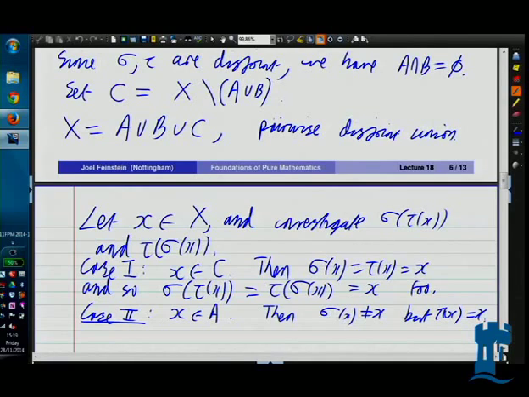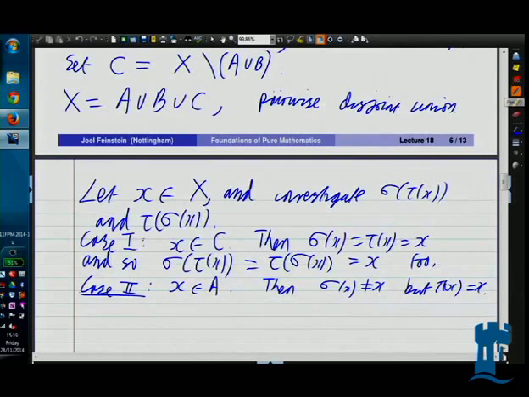But moreover, sigma of x is not moved by tau either, and that's because sigma of A equals A. We know that if something is moved by sigma, then it's moved to something else that's moved by sigma. That's the main thing we need. So sigma of x is not in B. X is in A, so sigma of x is still in A, and therefore sigma of x is not in B, because A and B don't overlap.